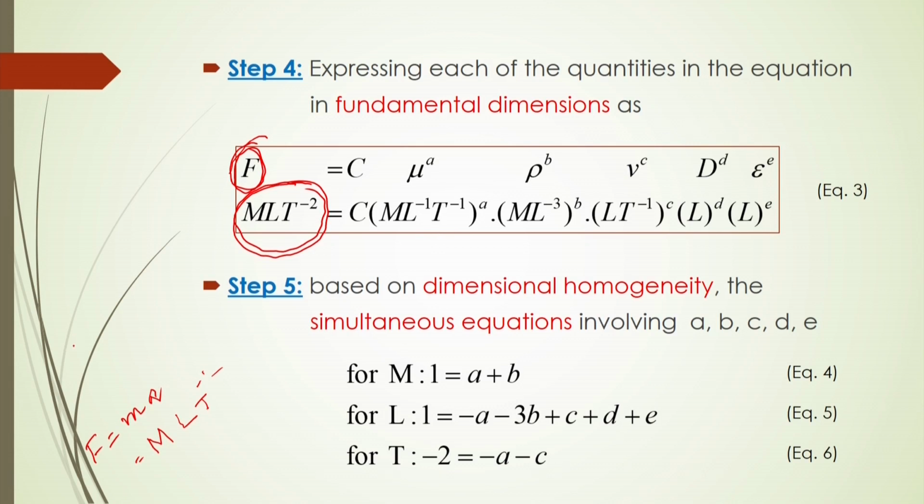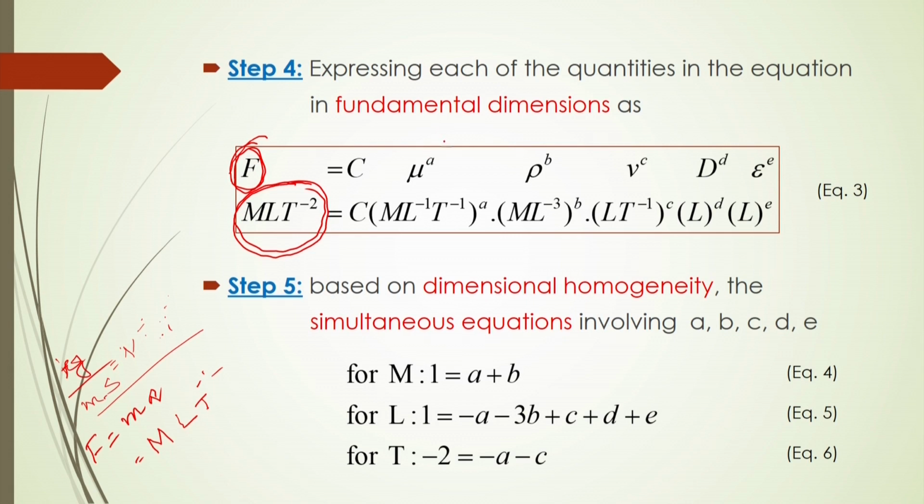The unit for viscosity is kg per meter second. So, kg is M, meter is L to the power minus 1, and then T to the power minus 1. So the dimensions of the viscosity will be M L to the power minus 1 T to the power minus 1, then whole to the power a.